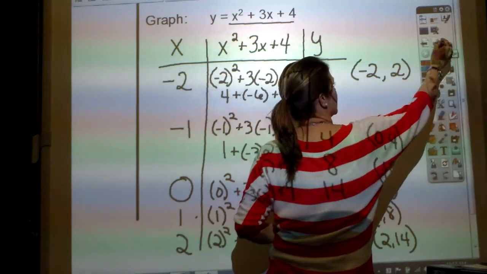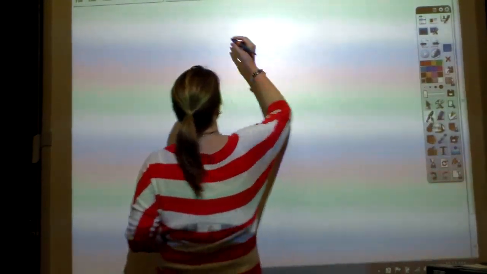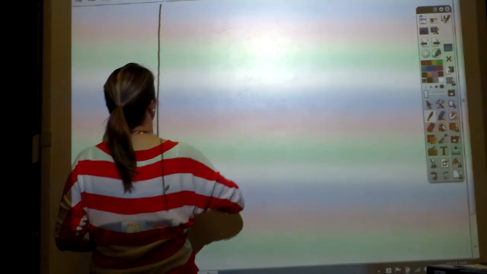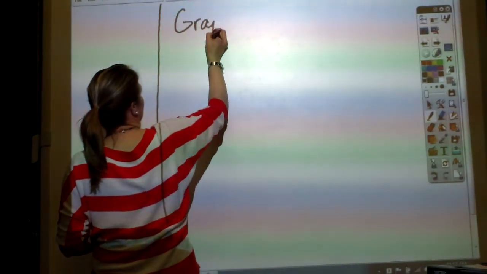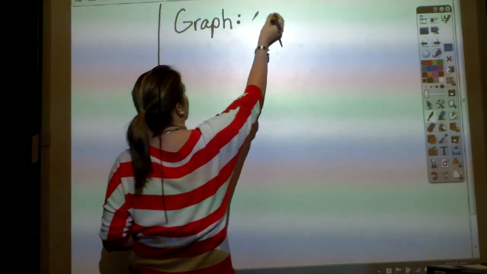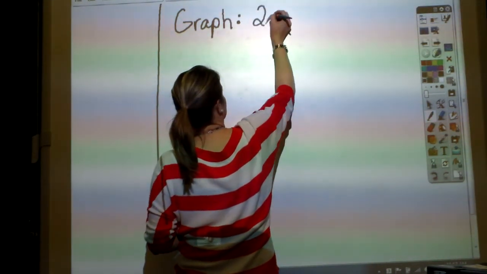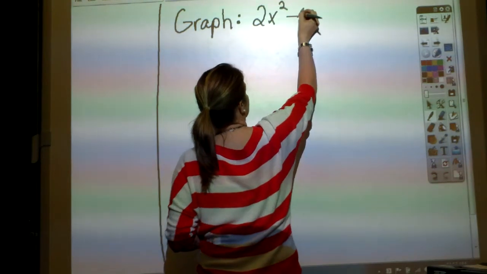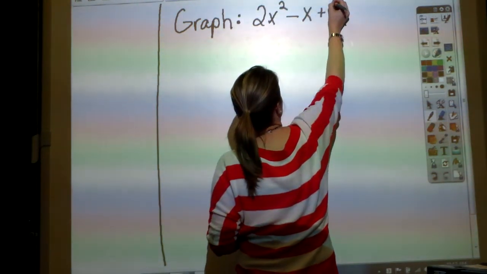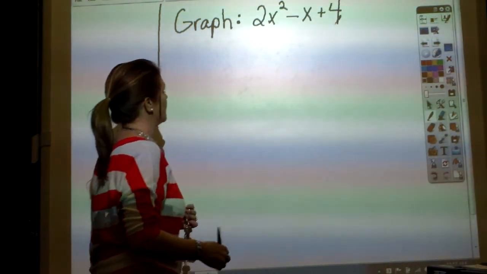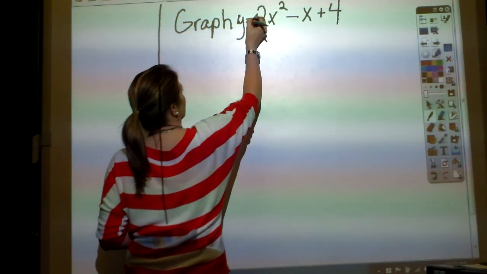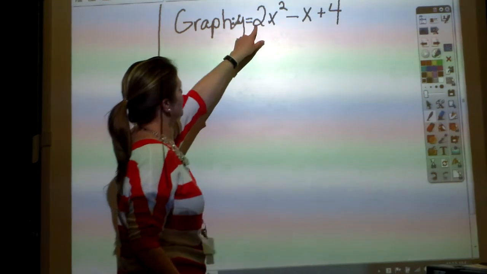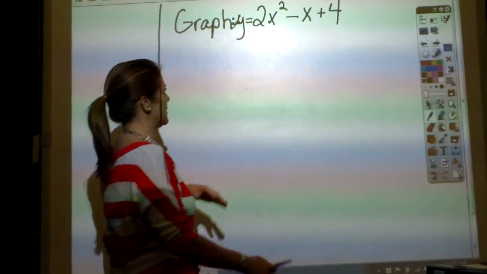And then I also want you to make a table of values so that we can graph this quadratic function. So y equals 2x squared minus x plus 4.